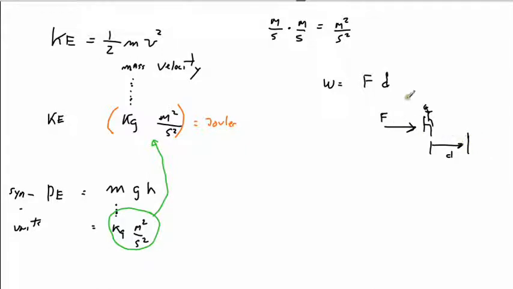Now, before I fill in the units for work, I want you to know that force is equal to a mass times an acceleration. And the units for force are kilograms meters per second squared. So if I move this guy in the chair out of the way, we know that in order to have work, we have to have some kind of distance.